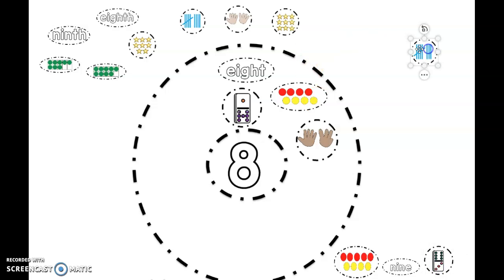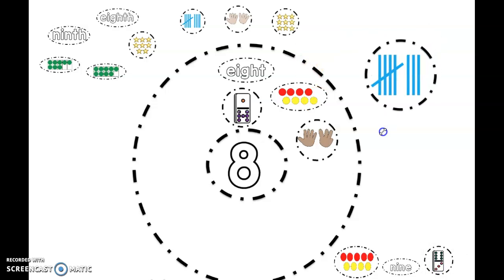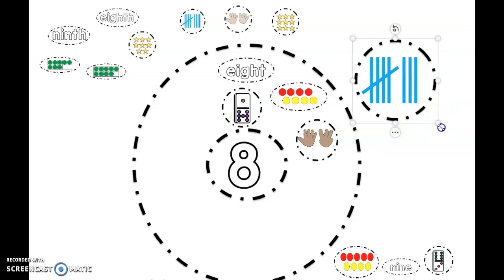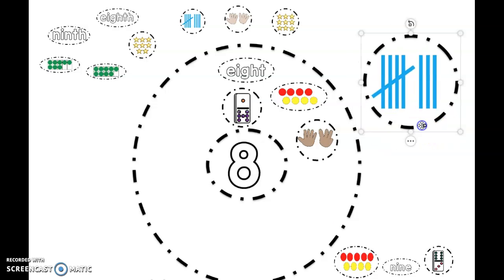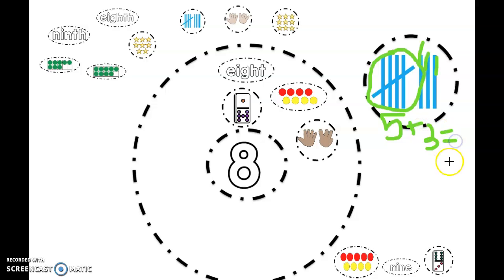All right, let me check my tally marks. I'm going to make it a little bigger so I can see it. Oh, do you remember what it means, boys and girls? When I have a group that has a diagonal line, look right here. I already have a group with a diagonal line. Do you remember how many I told you that is? That's already 5. So I'm going to count on 5, 6, 7, 8. So 5 and 3, if I were to add 5 plus 3, that would equal 8.